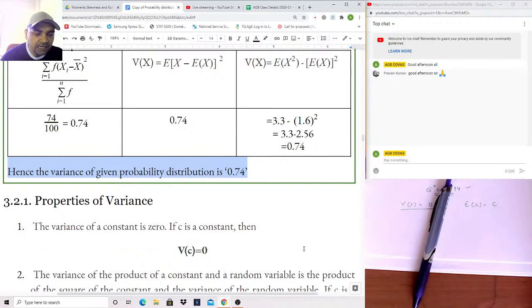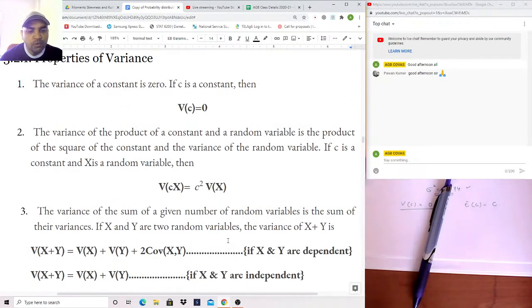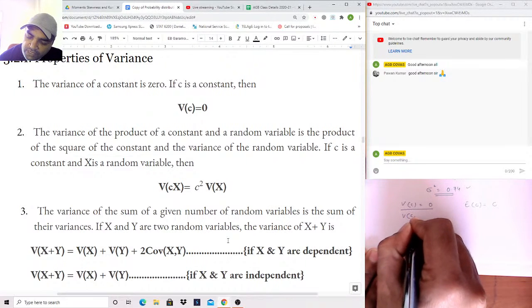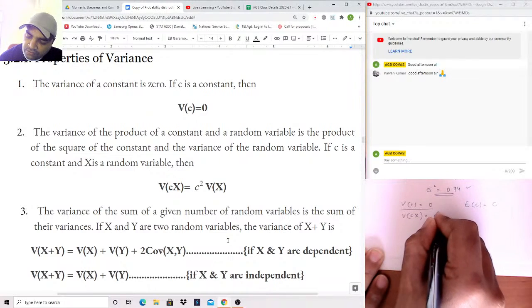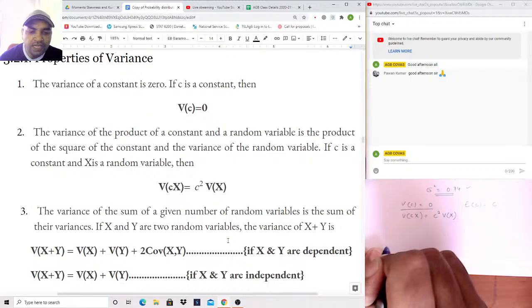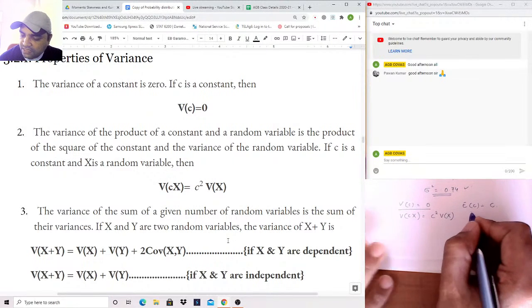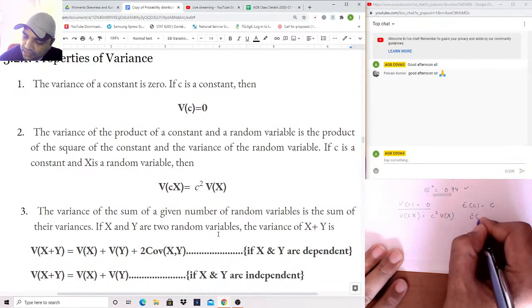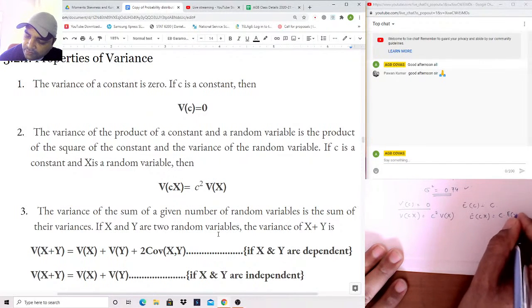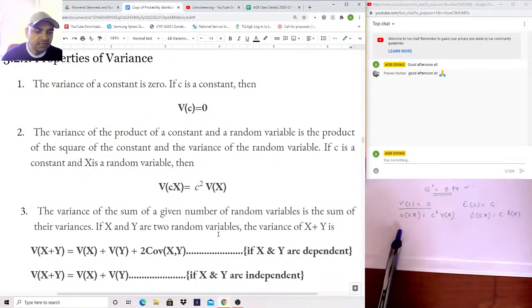Then variance of the product, that is, if you do multiplication of a constant with your random variable, it will be equal to c square into vx. Whereas in case of expectation, earlier we have studied, this is equal to c into expectation of x, isn't it?